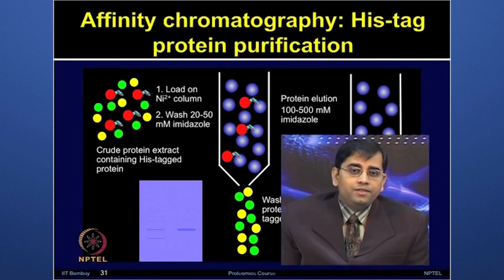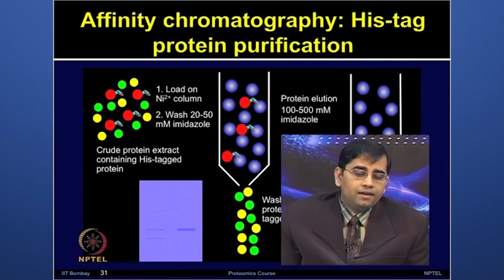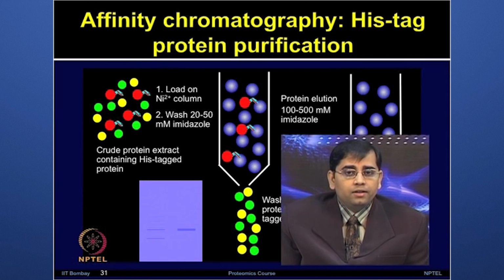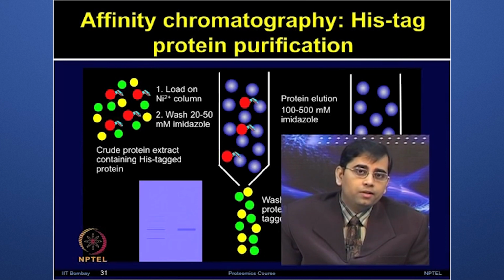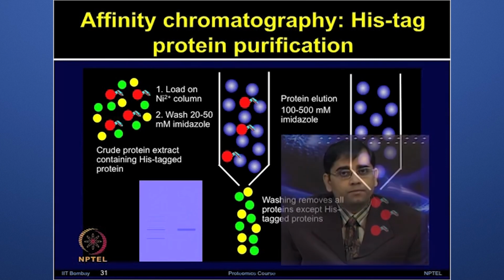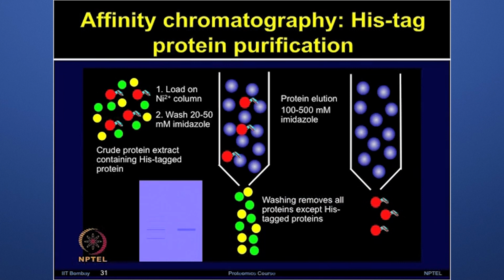Because of the interaction of the histidine tag with nickel, the proteins which contain a histidine tag will bind to these resins of nickel NTA. Now, after washing with mild imidazole such as 20 to 50 millimolar, unbound residues will come out, but by increasing the concentration, such as 100 to 500 millimolar of imidazole, the proteins can be eluted out.